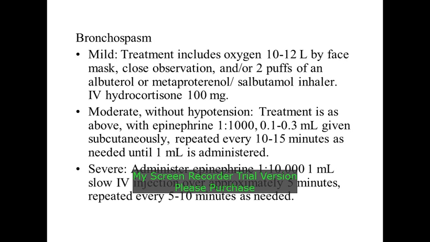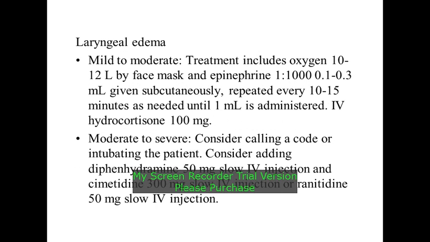Moderate without hypotension: treatment is as above with epinephrine 1:1000, 0.1 to 0.3 mg given subcutaneously, repeated every 10 to 15 minutes as needed until 1 milliliter is administered. Severe: administer epinephrine 1:10,000, slow IV injection over approximately 5 minutes, repeated every 5 to 10 minutes as needed.